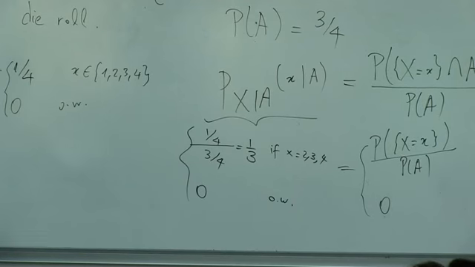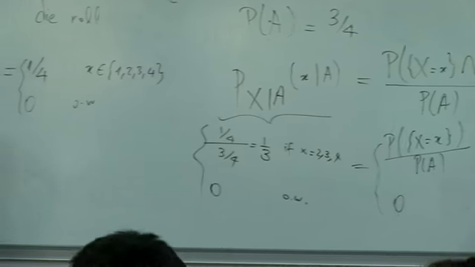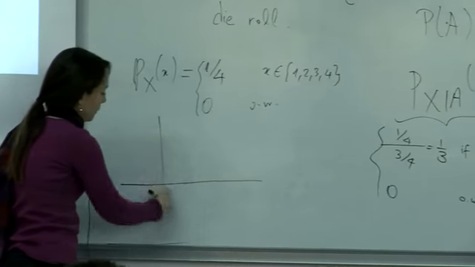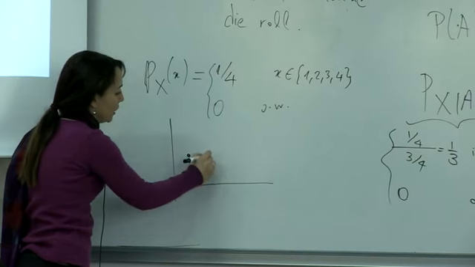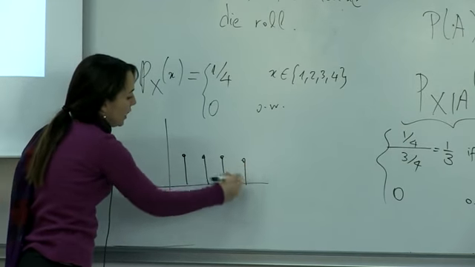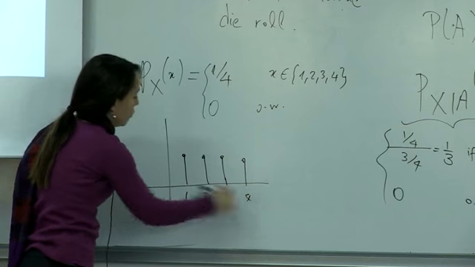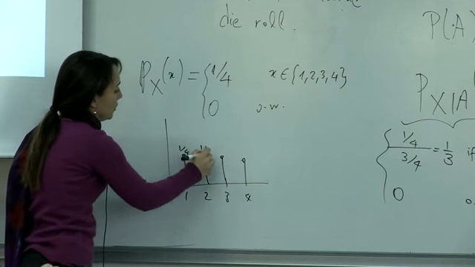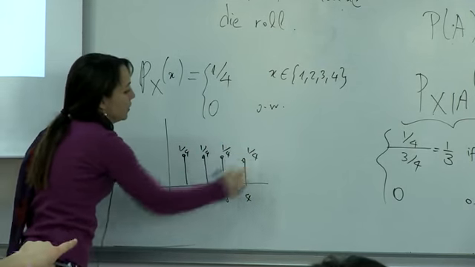Let's plot the original PMF and the conditional PMF. The original PMF took equal values at 1, 2, 3, and 4. The equal value was 1/4.